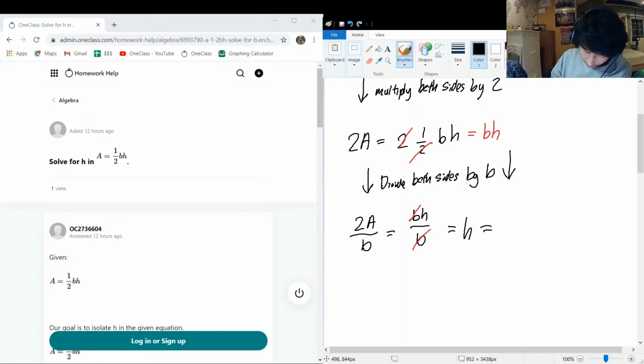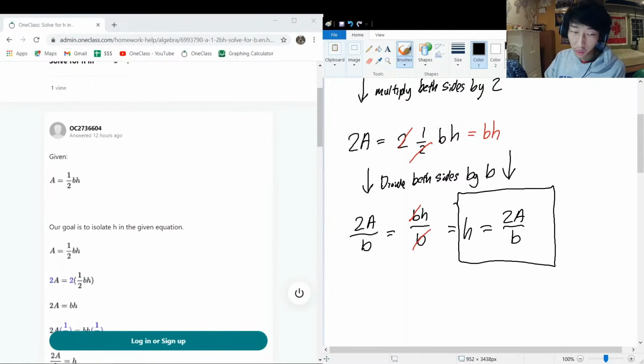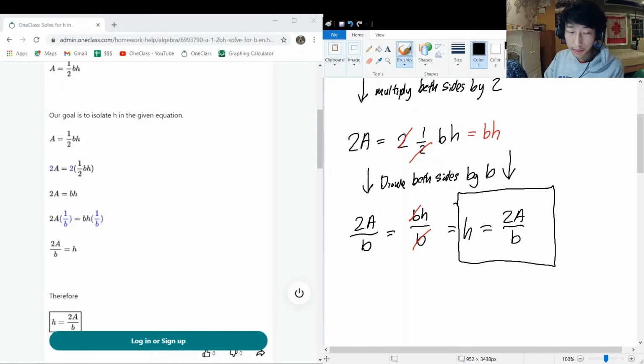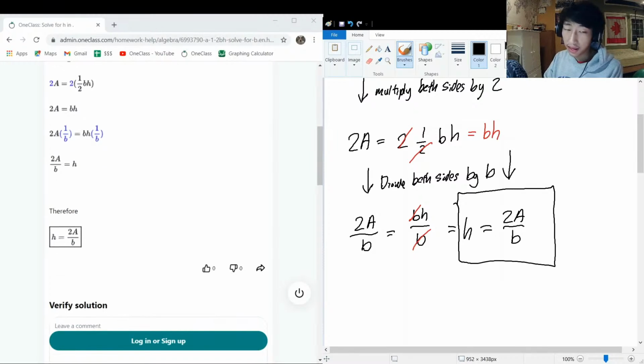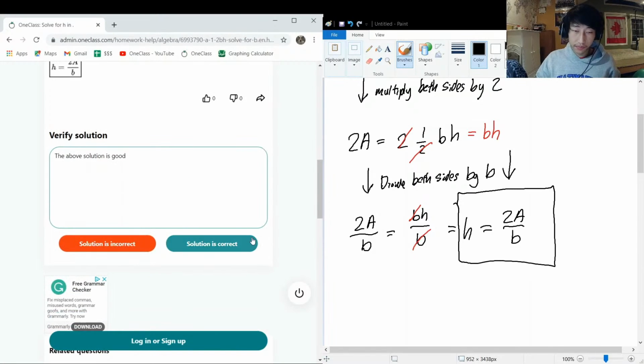So we know that h has to be 2A over b. And then we can say, good job to us, because we cracked the code. We isolated h, we solved for h, and we can be the coolest people around because we know how to get the h. Okay, so awesome. The above solution here is good, and this is a fun time. Solution is good. Awesome.